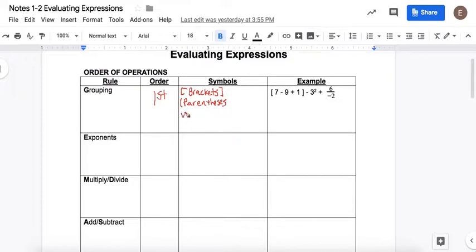We have square root. Absolute value. And finally, fraction bar.